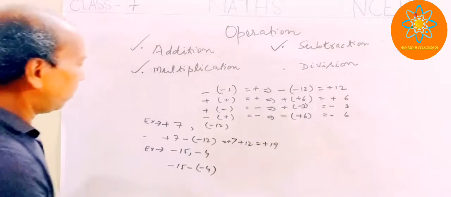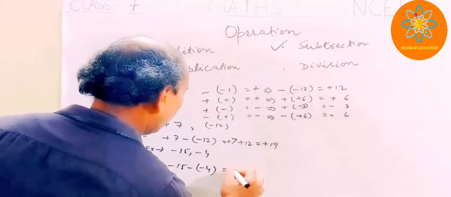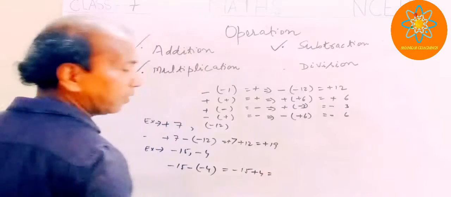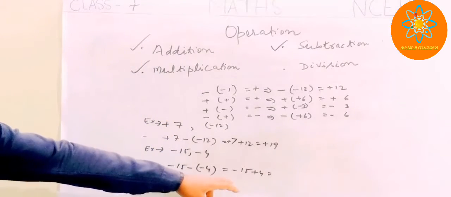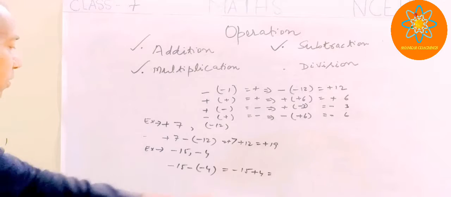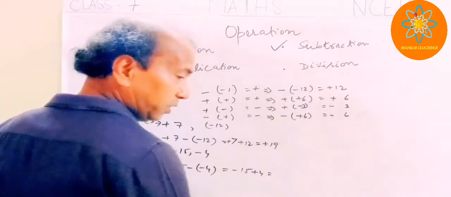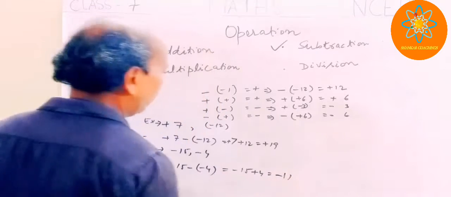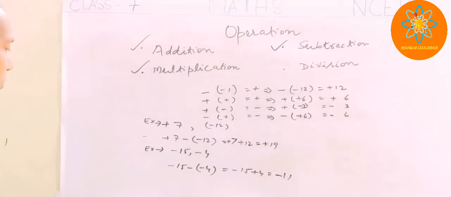Same sign, so it is positive. So this is equal to minus 15 plus 4, and we will get the difference between the negative and positive. The difference is 11. Which one is greater? Negative. So this is minus 11.